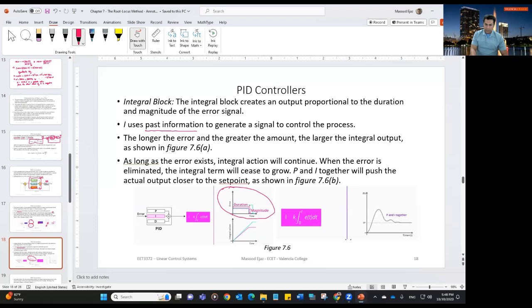If the error signal is larger for a longer amount of time, then of course the slope of this line is going to be higher, and the constant value is going to be higher as well. So integral basically is applying the integral gain and integrating the error signal from 0 to t, whatever the time it is lasting for, starting from the very first value to whatever the value of t is.